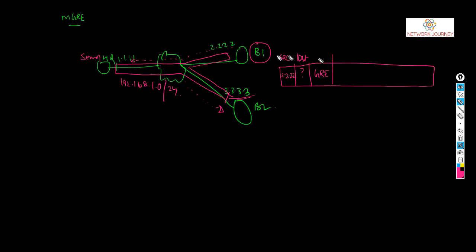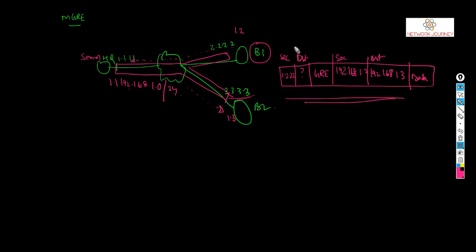What about the private segment? Let's say this is 1.2, 1.3 and this is 1.1. The source is originating from 192.168.1.2. The destination is the tunnel IP, which is 192.168.1.3. And then the data.